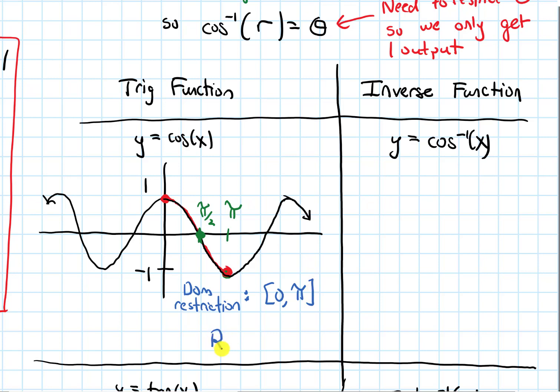And on that interval, the range, which I'll just denote with r, so this is going to be the range. Remember, the range is the possible y values that we get. The smallest y value is -1, and the biggest one is 1. So that's my range.